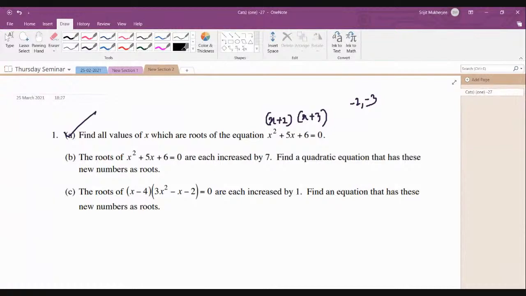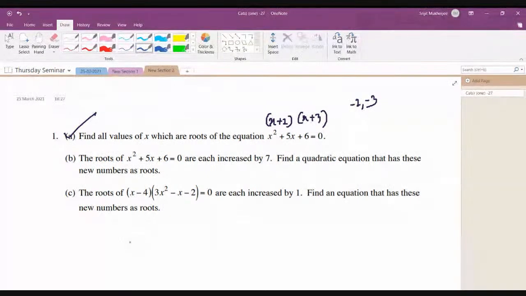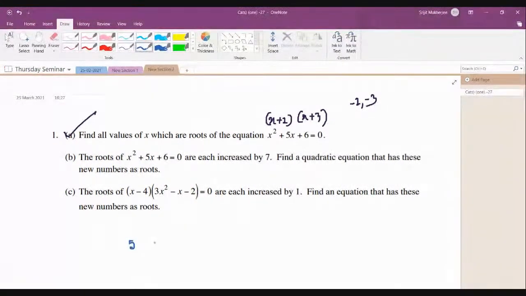The next question asks that each of the roots is increased by 7. What are the new roots? It's very simple. You can use the fundamental theorem of algebra in this case. The new roots are -2 plus 7, that is 5, and -3 plus 7, that is 4.